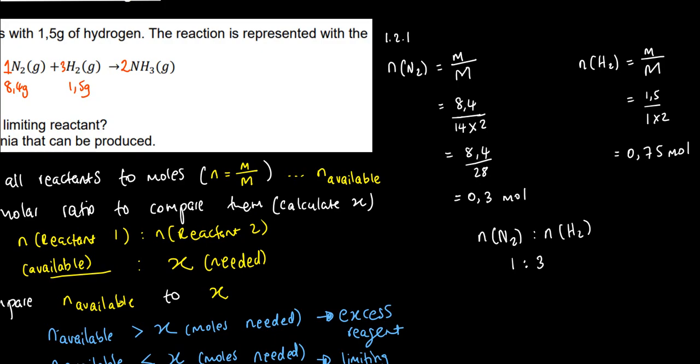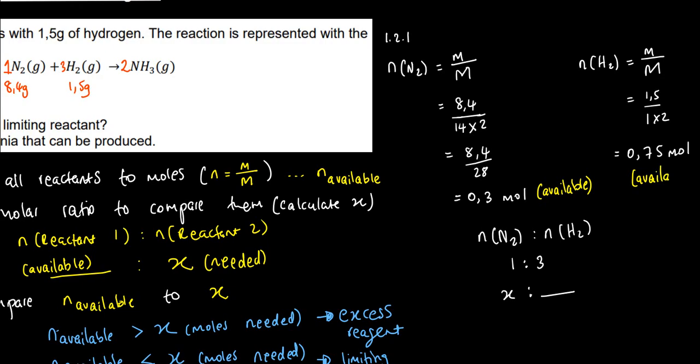Remember, those moles that we just calculated are the ones that are available. So you have 0,3 moles of nitrogen available, 0,75 moles of hydrogen available.